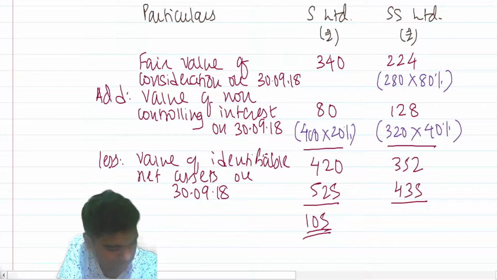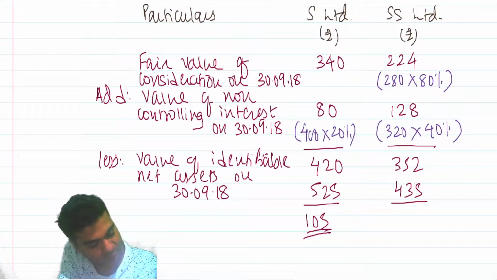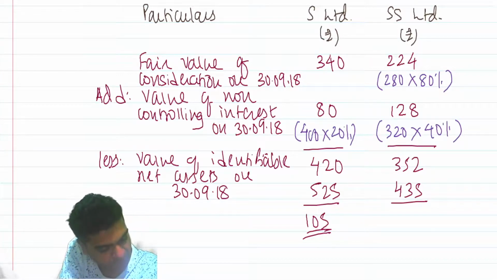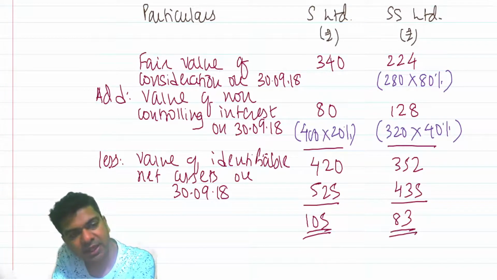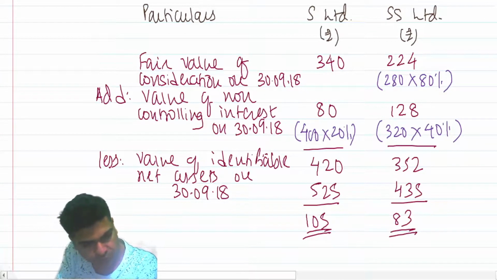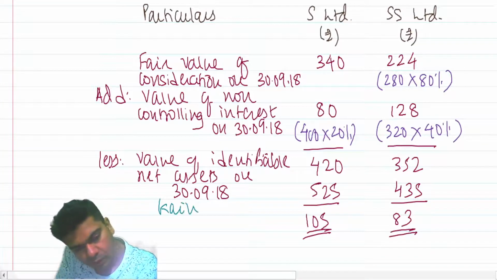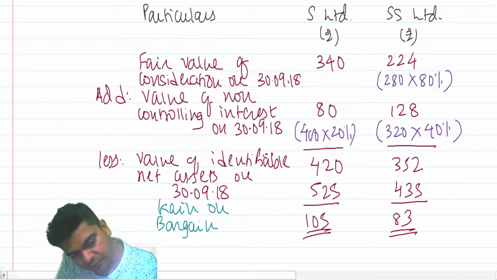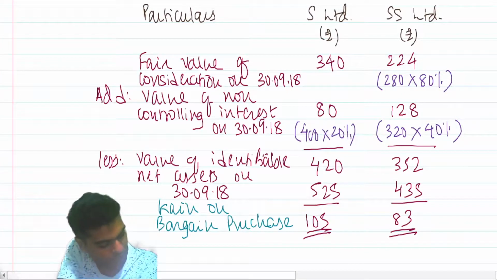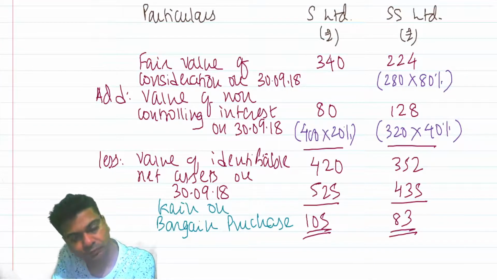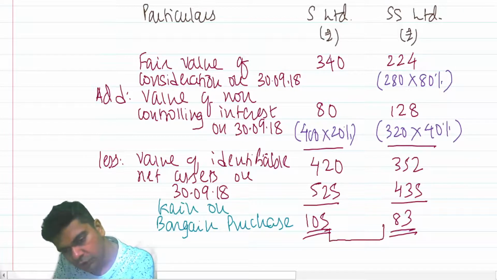This is 352 minus 435, negative 83. It is negative, that means this is gain on bargain purchase. I'll take a total of the two. Total of the two is turning out to be 188.